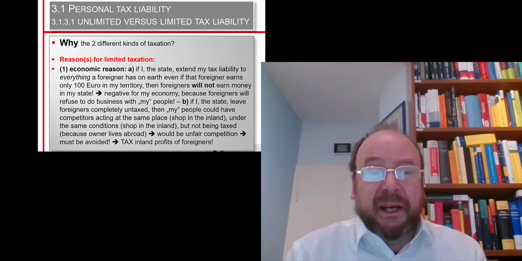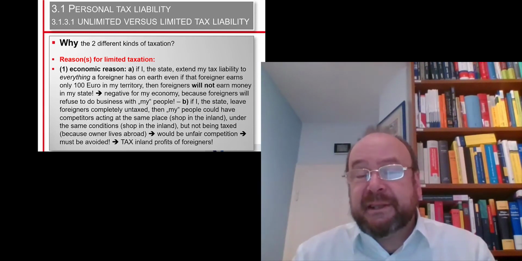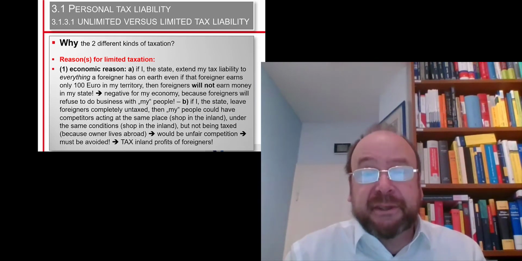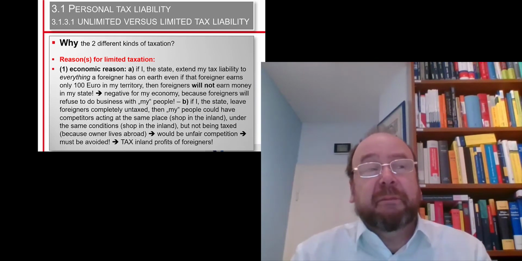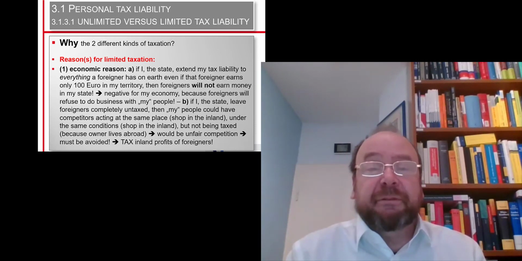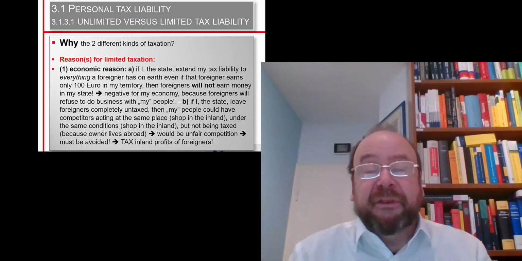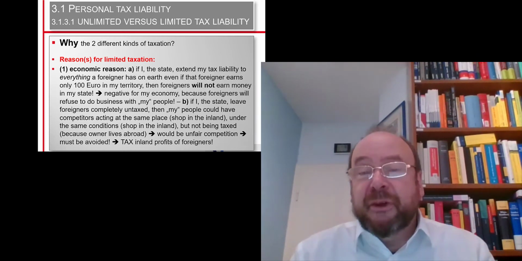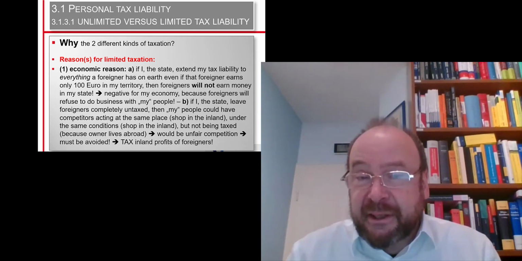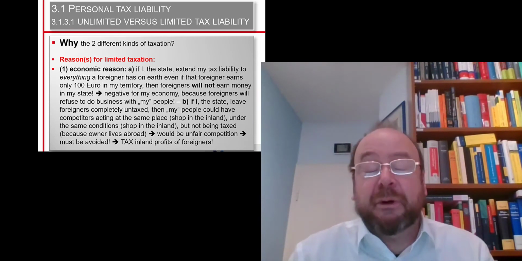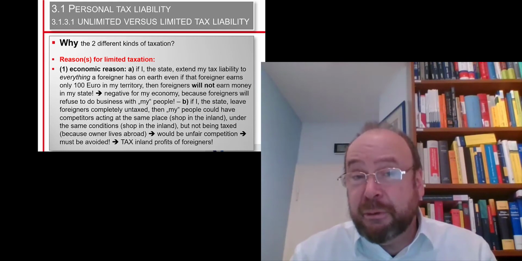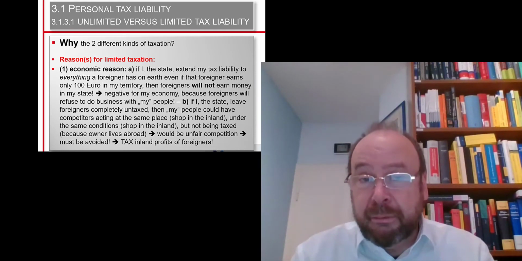Now, why will you be forced to tax the inland income of the foreigners? Imagine you have a few houses in Germany, and when you live here, you have to pay taxes on it. Now, when you move beyond the border, your rent from Germany would then be not covered by limited tax liability. If that were the case, what would you do? I don't know what you would do. I would move.